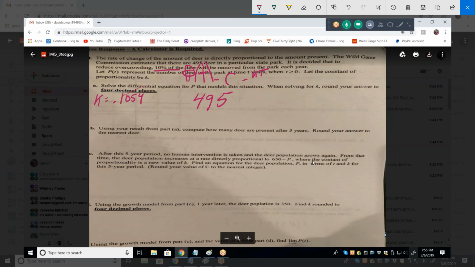So 495 equals C e to the minus k, and what did he put in for t? He just did 1 year, and then he did 10% of 495, and that's what he set the equation equal to, like the equation that we found.